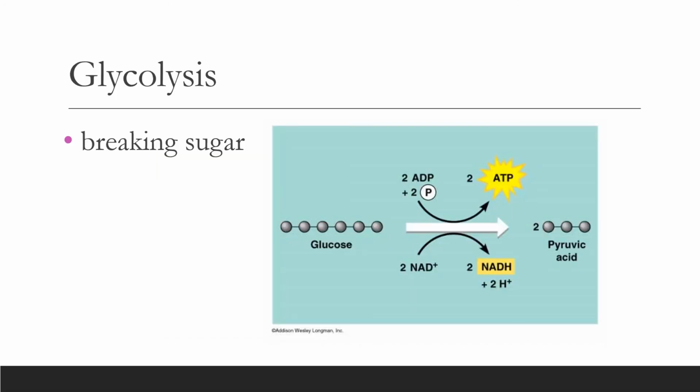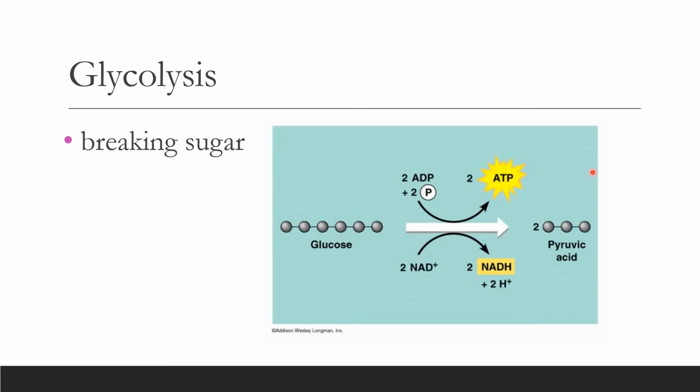In glycolysis, which literally means breaking sugar, a 6-carbon molecule, glucose, splits into 3-carbon molecules of pyruvate, or in some references you will see pyruvic acid. That's the same. Pyruvic acid and pyruvate are the same.